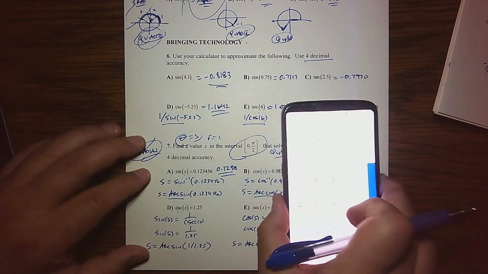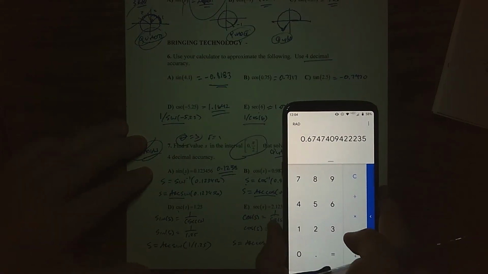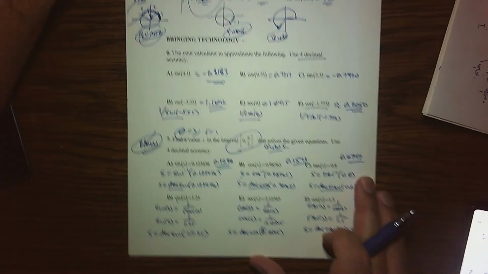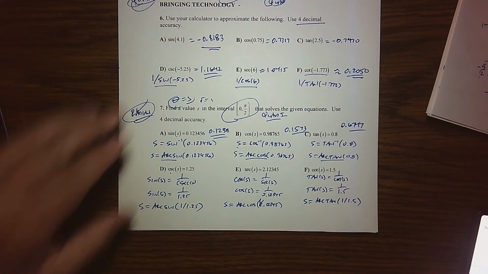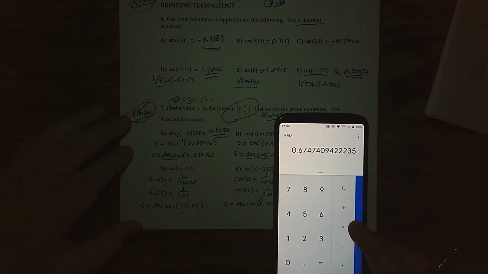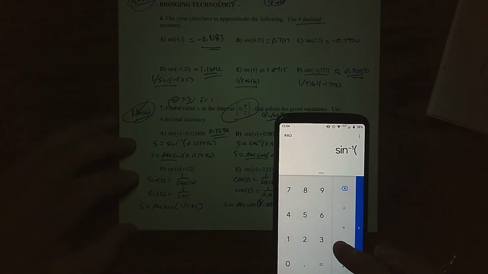So now we can move to the calculator and calculate all these things out. The first one, we're talking about the inverse sine, or the arc sine, and we have 1 divided by 1.25. I better close those parentheses off just to make sure.